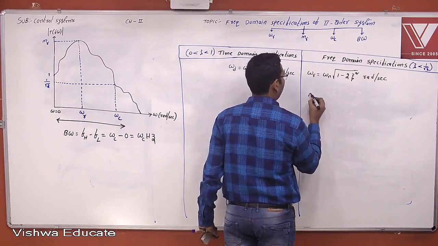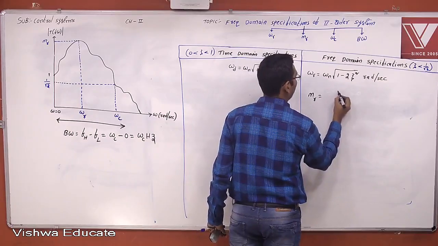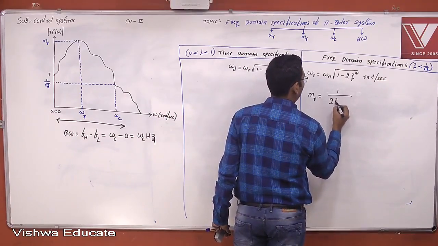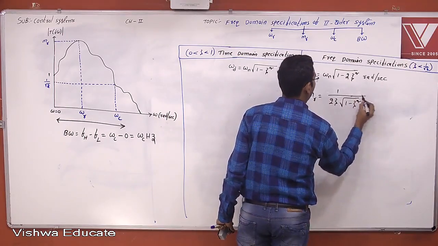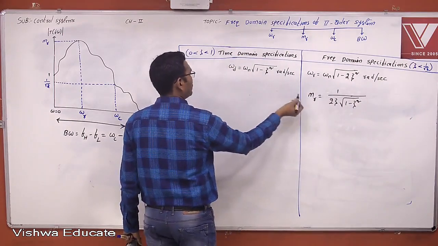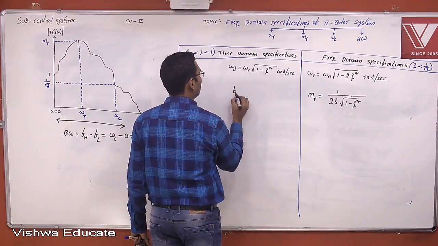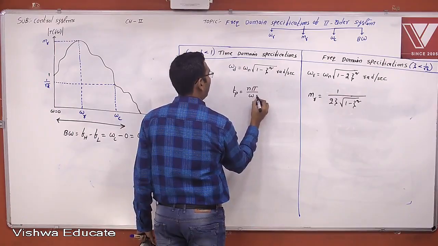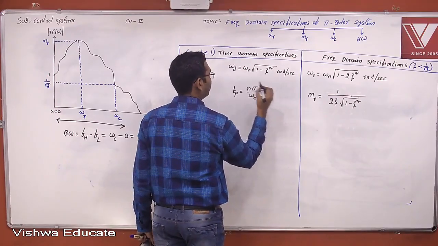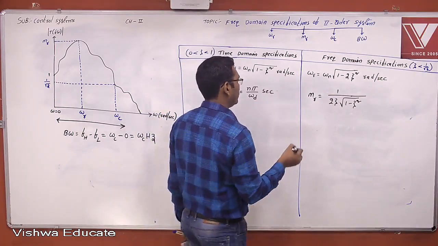Now the resonant peak is equal to 1 by 2 zeta into square root of 1 minus zeta square. Here this is the resonant peak, and this is the peak time. What is peak time? Peak time is equal to n pi by omega d seconds. This is the frequency response, right?